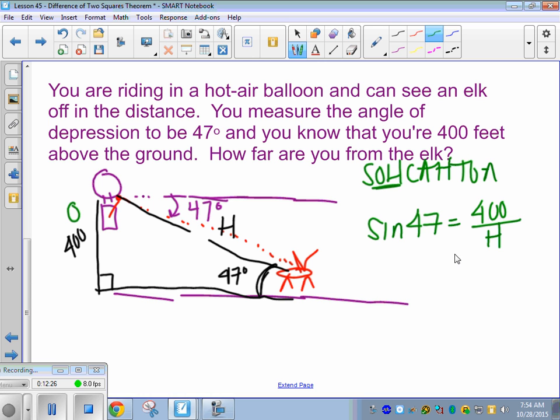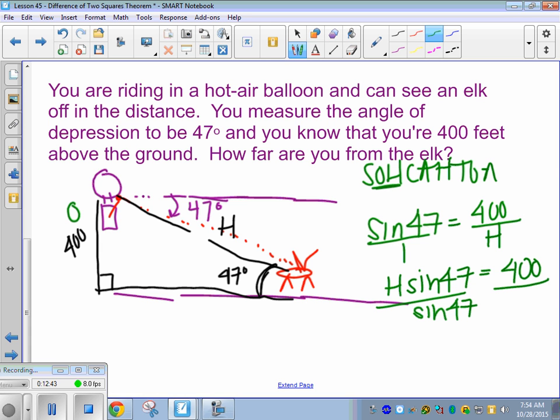And then we can solve for h by cross multiplying. So h sine 47 equals 400. We're going to divide both sides by sine 47. So h equals 400 over sine 47. Right?